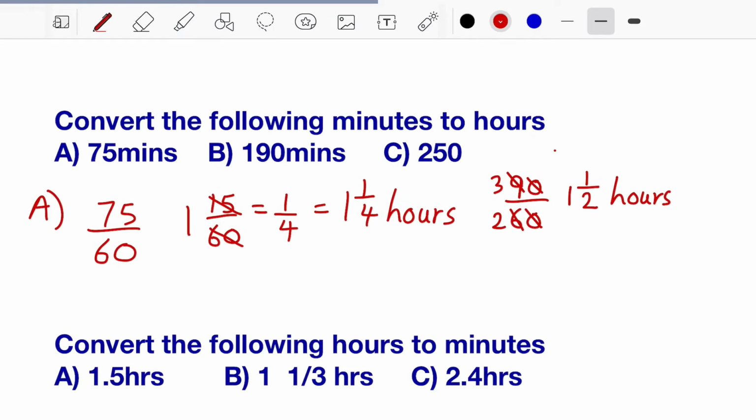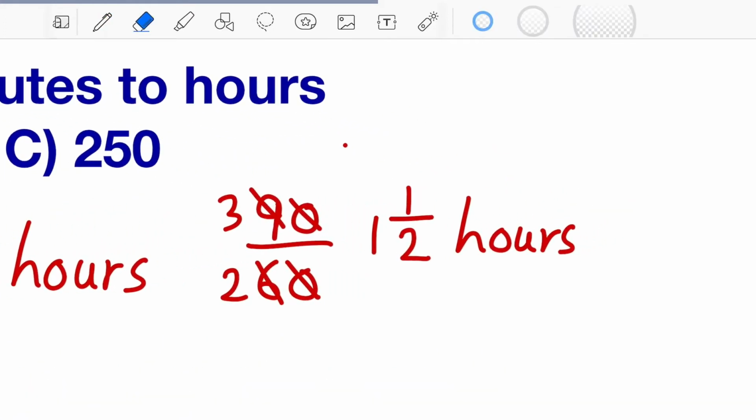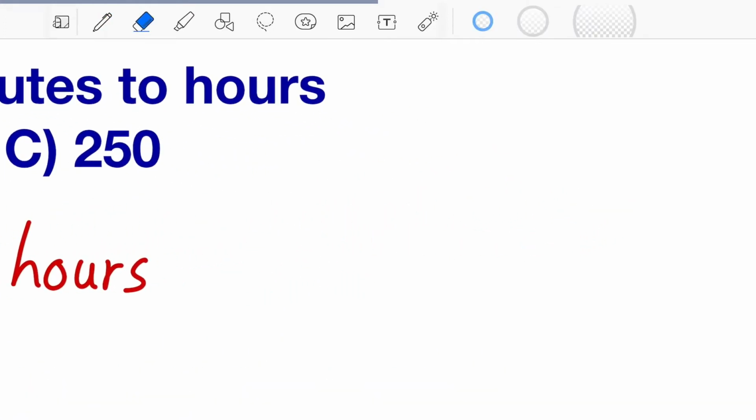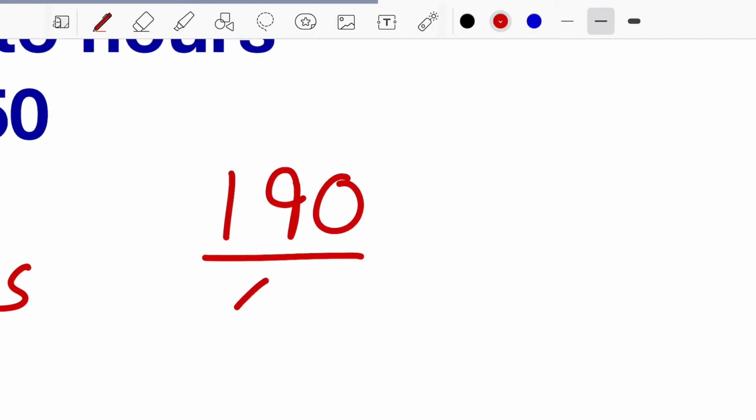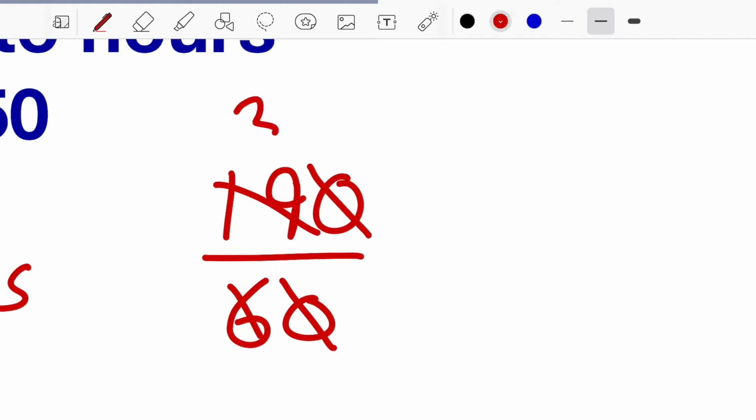Oh, so I made a mistake with B. B is actually 190 minutes. So let's redo that. Sorry. So 190. This is even better. So we're dividing this by 60. So we can cancel 1 and 0 on top with 1 and 0 below. 6 into 6 is 1. 6 into 19 is 3.